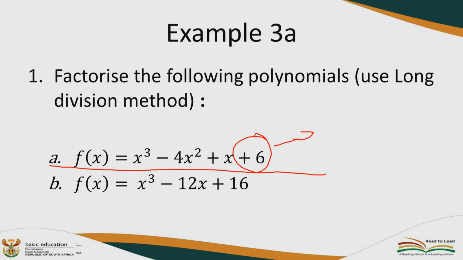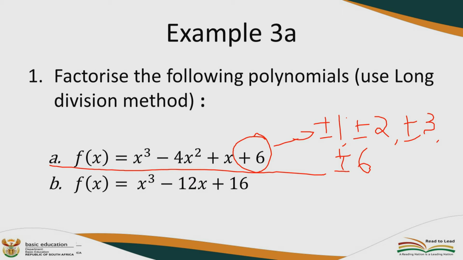So a number that can divide into plus 6 is plus or minus 1, plus or minus 2, plus or minus 3, and then you also have plus or minus 6.